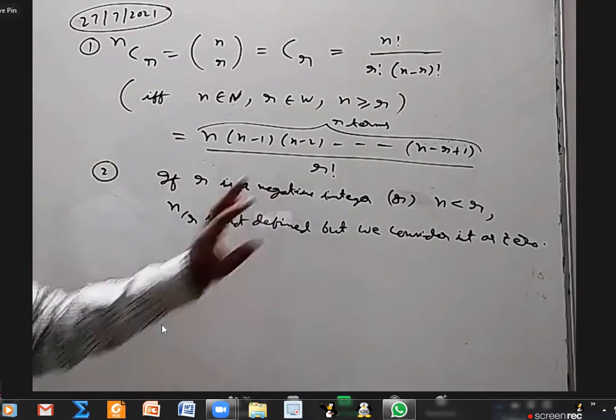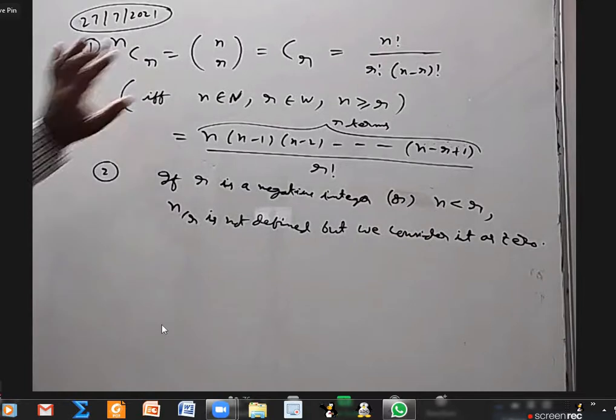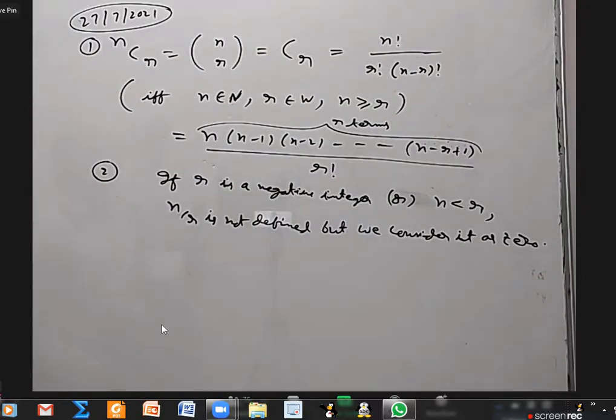Whenever N is a negative integer, R is a negative integer, or N is smaller than R, even though both are natural numbers, NCR is actually not defined according to the definition, but we consider it as 0.